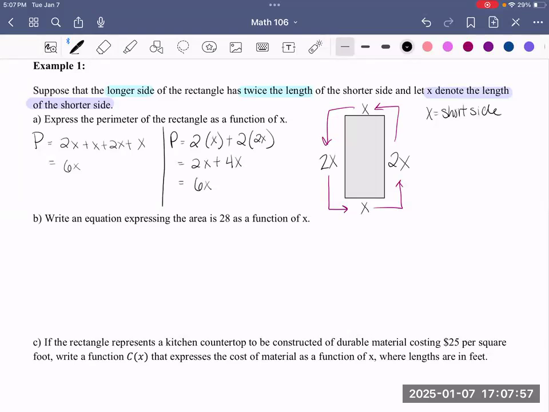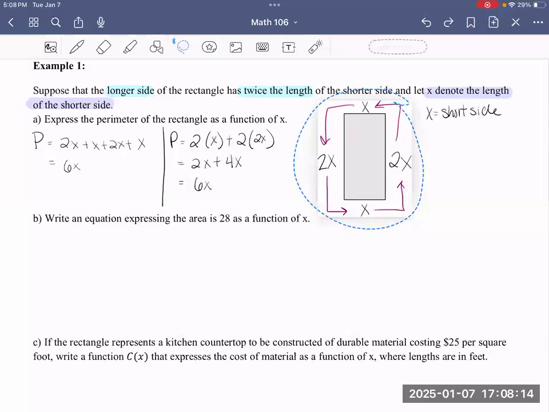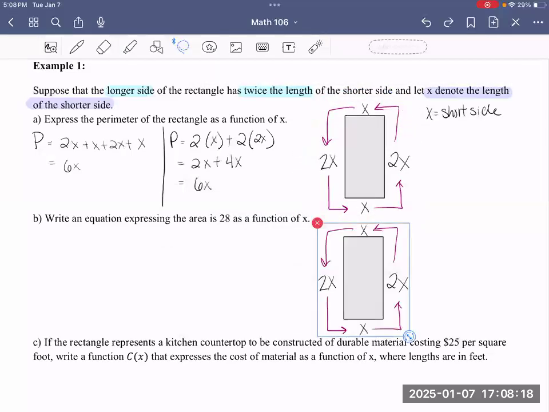Now it says write the equation expressing the area, 28, as a function of x. So it's saying that on the inside of that area, let's take this figure, copy it again, bring it down here.